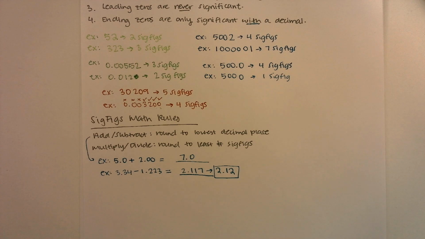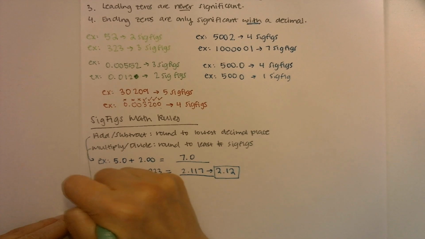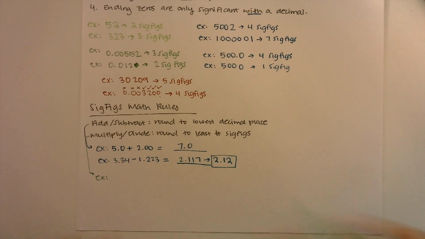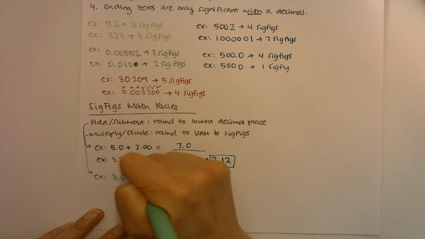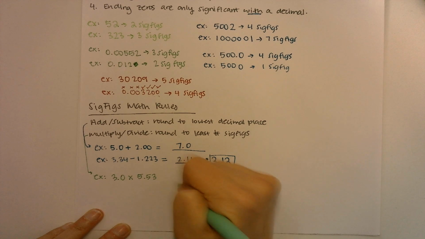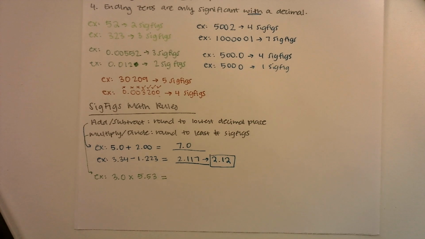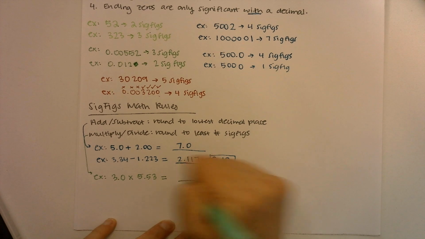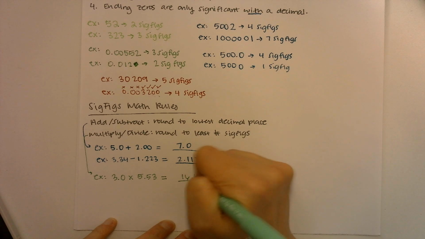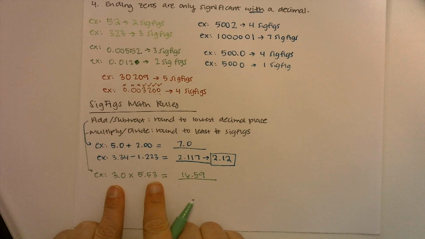Now, for multiply and divide, it's actually simpler because all you have to do is look at sig figs. For example, if I give you 3.0 times 5.53. Simple multiplication, 3 times 5.53. Again, I'm writing the full number as I see on my calculator, 16.59. Then you look at your values here.